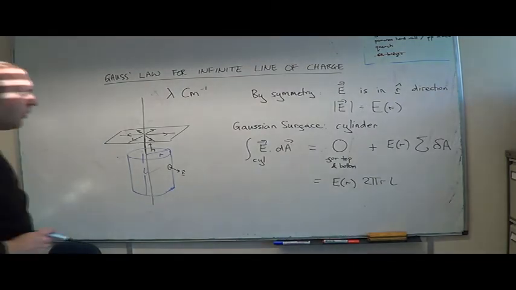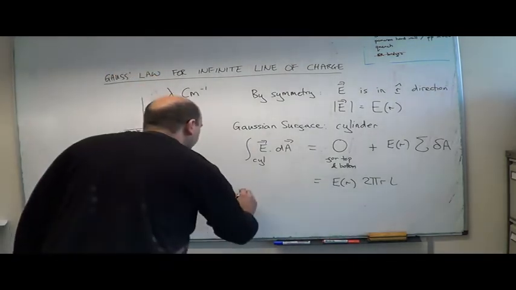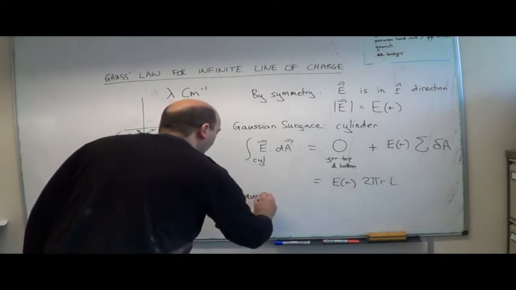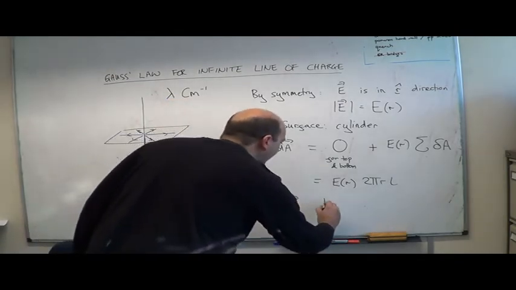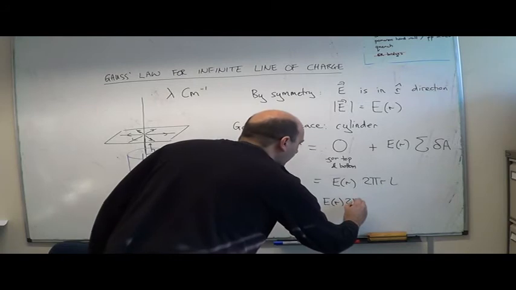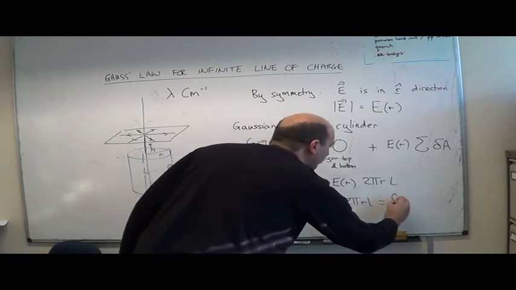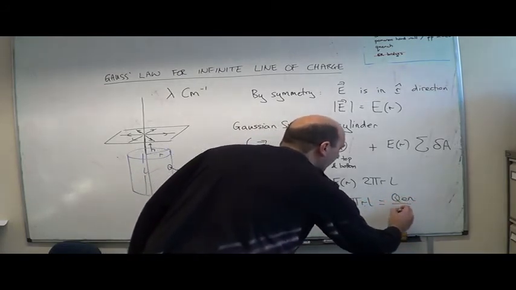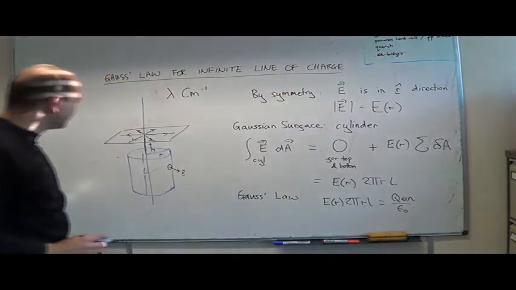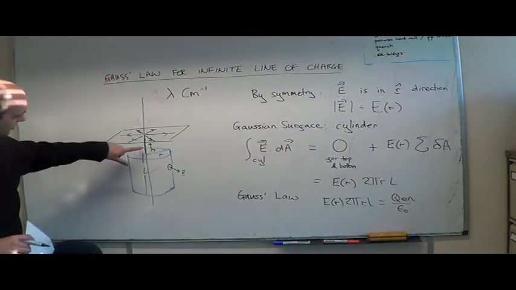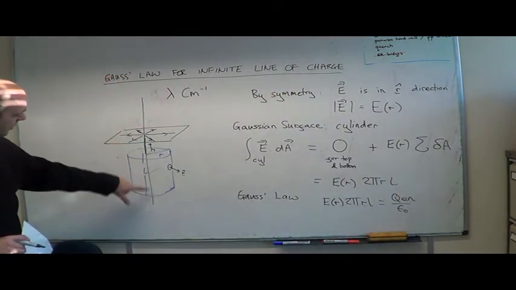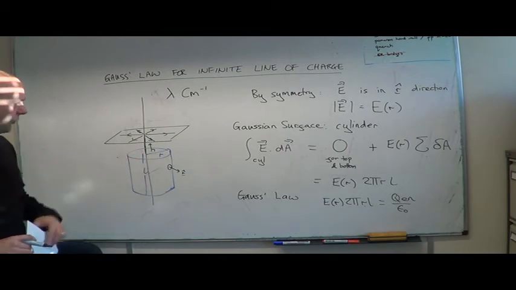So now we can solve using Gauss's law, which says that the flux is equal to the Q enclosed over epsilon 0. And Q enclosed is just the charge on the piece of string within the Gaussian surface.